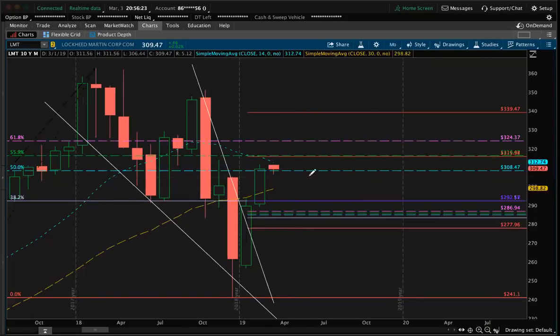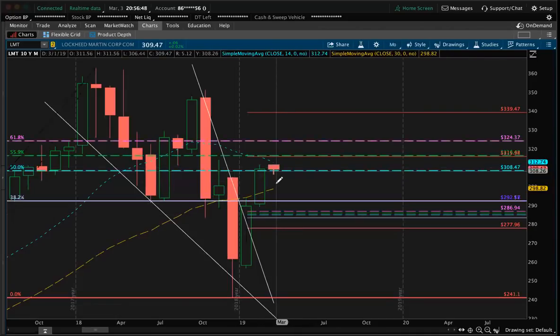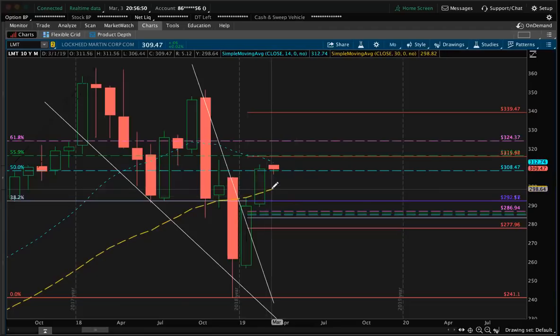So this is a monthly. Last month we had a range of 22 points. Exactly. Yes, that's true. See, for me, what I would have loved LMT to do was to tag here and form a hammer.